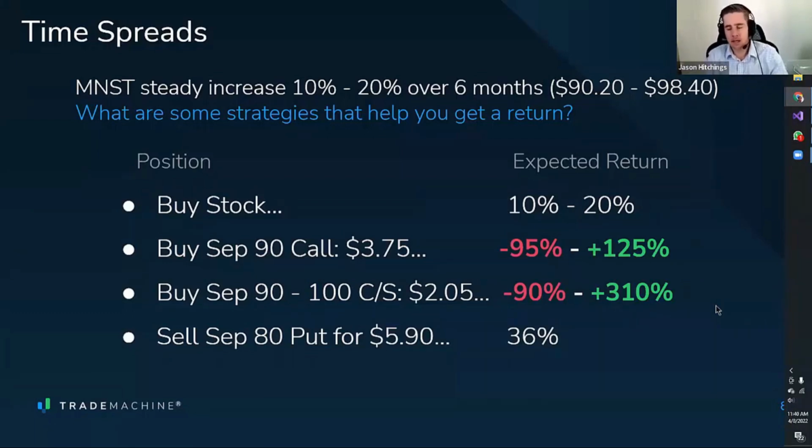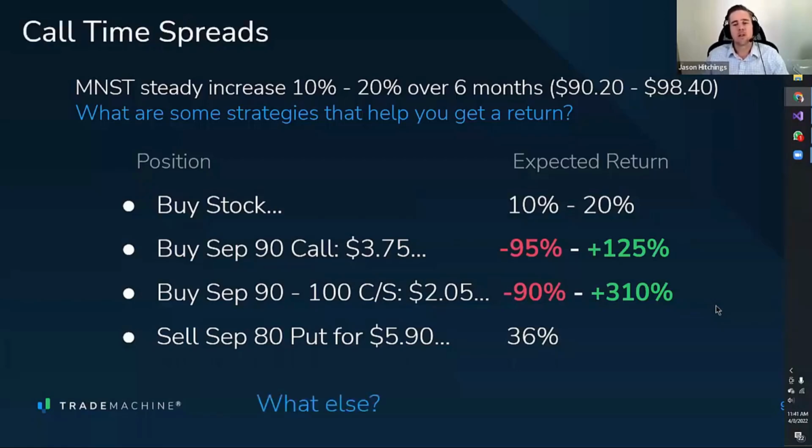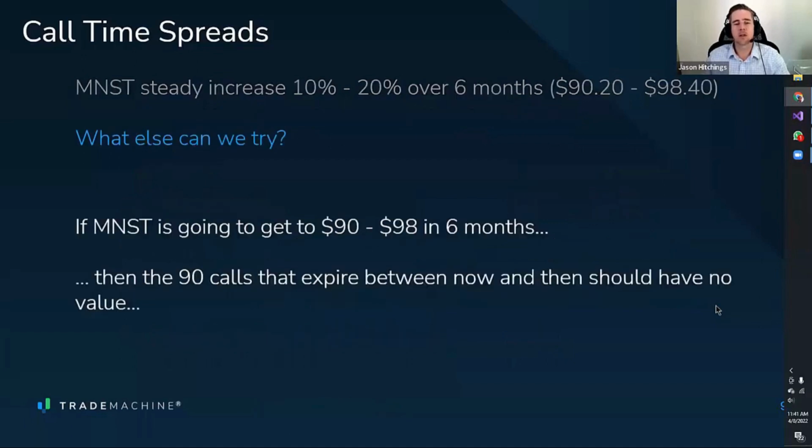So if that's the case, we could still own an option 6 months out, but potentially we're saying it's going to get in the range of 90-ish to 98 over the course of 6 months, but what's it going to do 2-3 months from now?